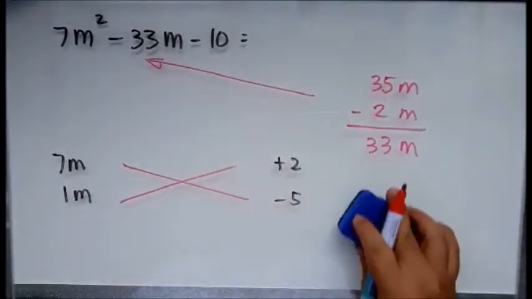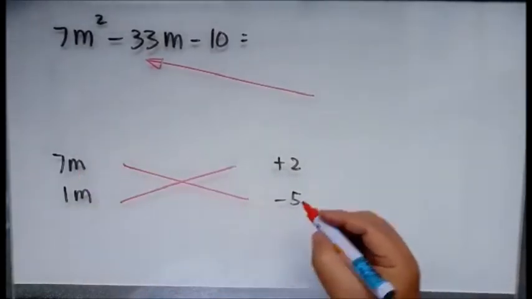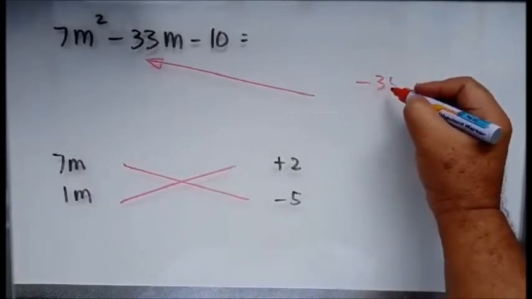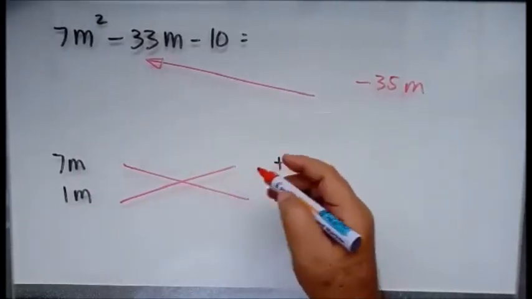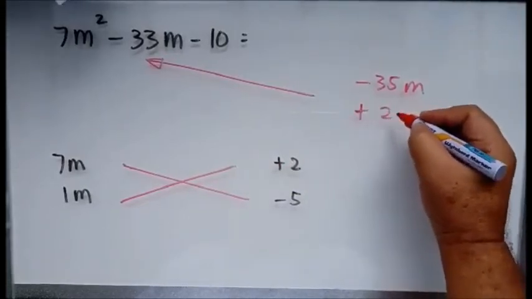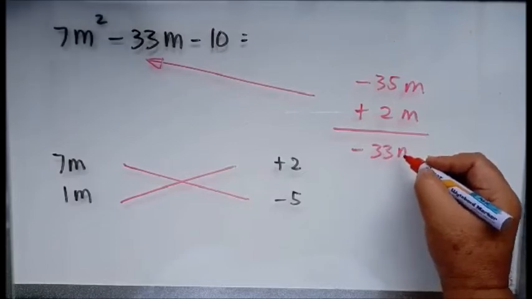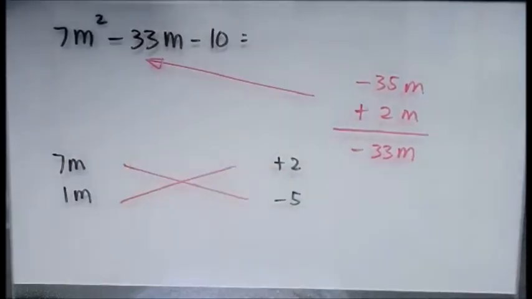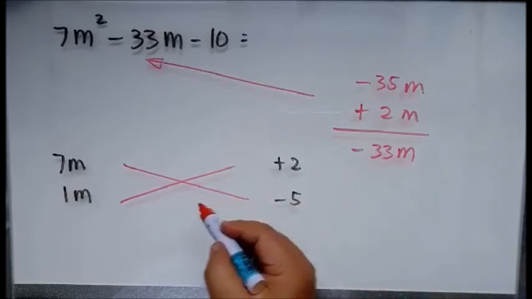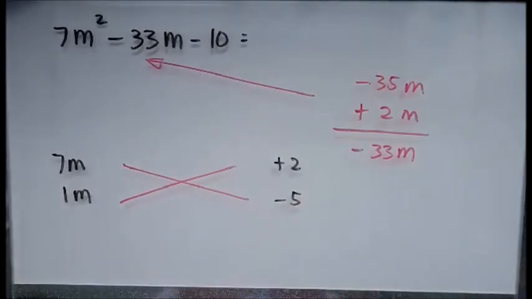Okay, let's try. Negative 35m and 2m. This will become negative 33m, which is finally the answer, the last one. Okay, so since this is correct, we will use these factors.